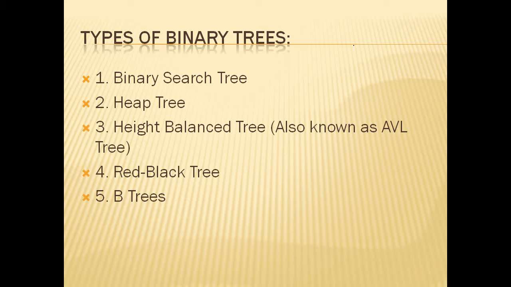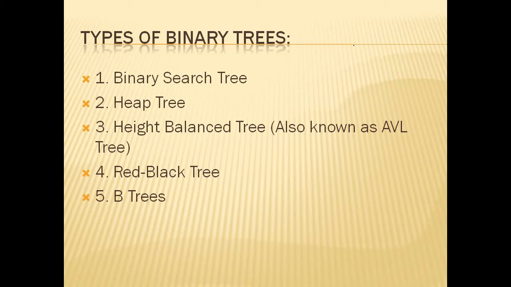What is the basic functionality of a binary tree? It is nothing but that every root should contain either 0, 1, or 2 children only, meaning every root should contain at most 2 children. This is the basic functionality of a binary tree.